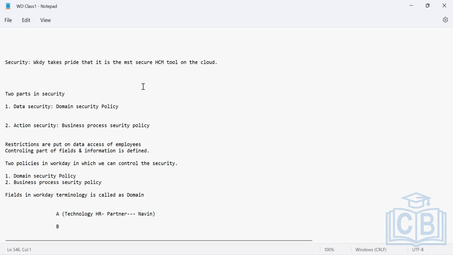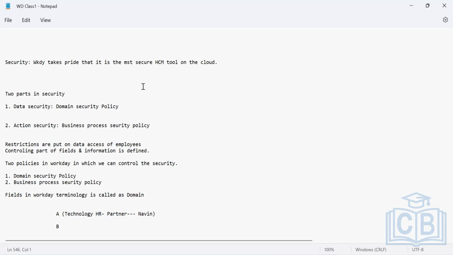Security is governed by two policies, which we all have to remember. One is called domain security policy, and another is called business process security policy. Now, domain security policy is basically the collection of fields, and the restrictions are put on data access of the employees.